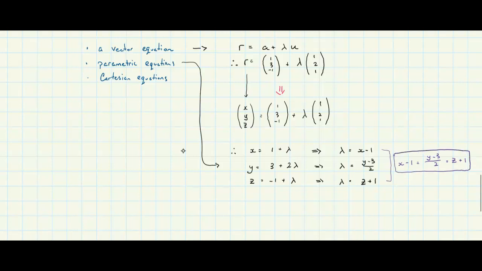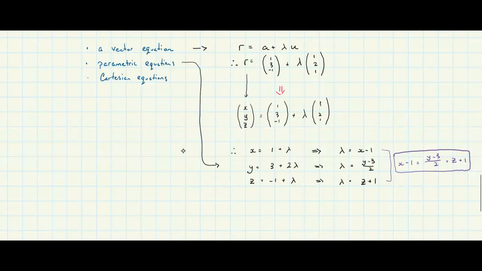As you can see, it's a double equation linking x, y, and z. When it comes to finding equations of planes, we'll link x, y, and z into a single equation. But in terms of representing a line in 3 dimensions, this is how we do it.